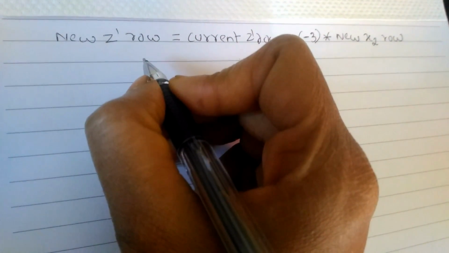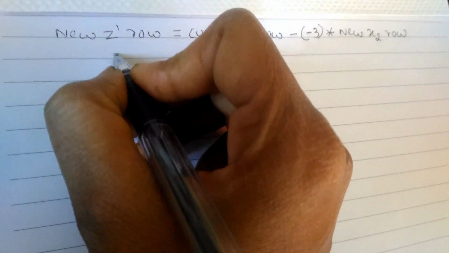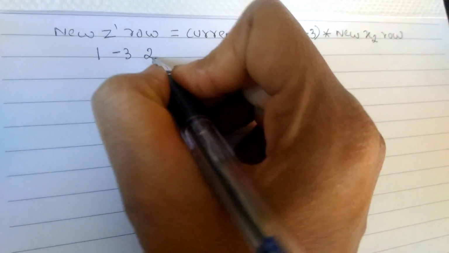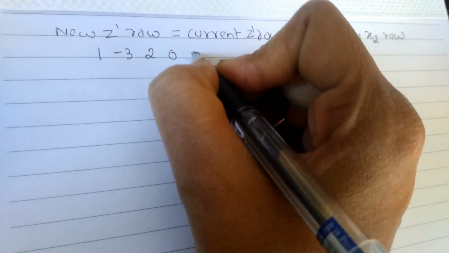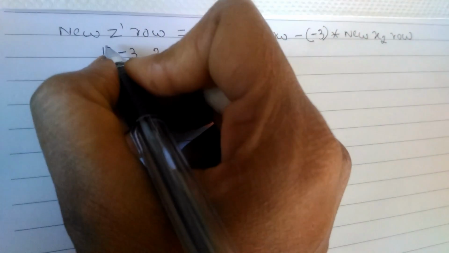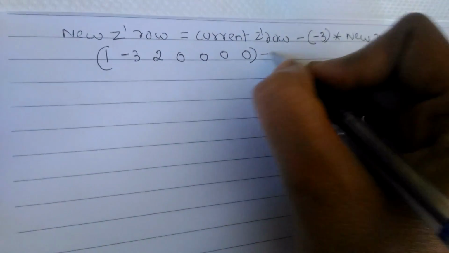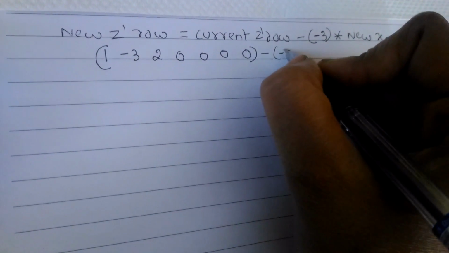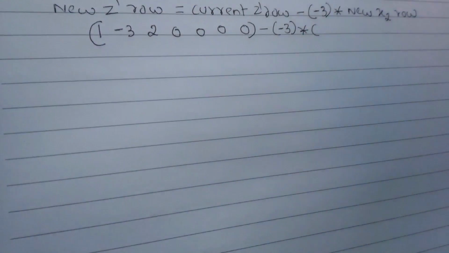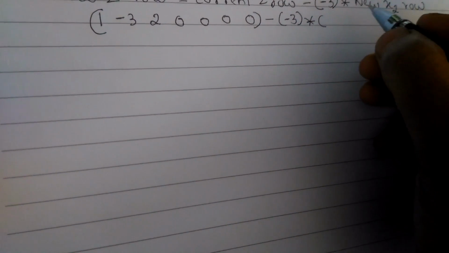Now bring down the values of all the z complement rows. It is 1, -3, 2, 0, 0, 0, and a 0 even from the solution will have to be brought down here. Minus of minus 3 multiplied by all the values in the new x2 row.